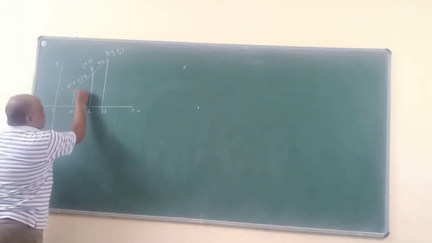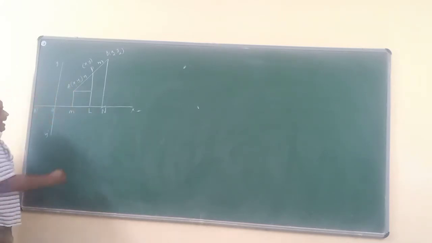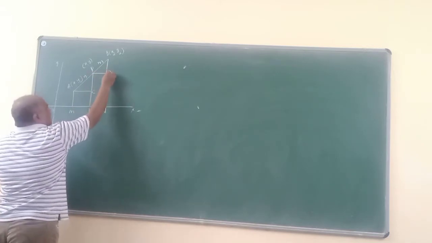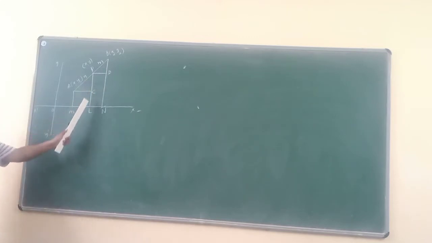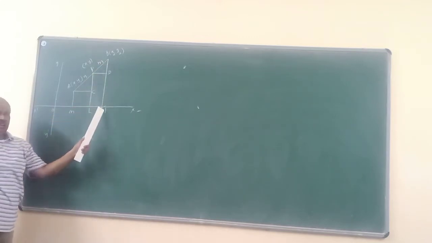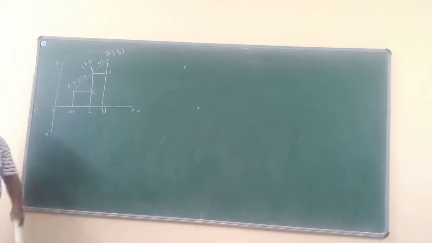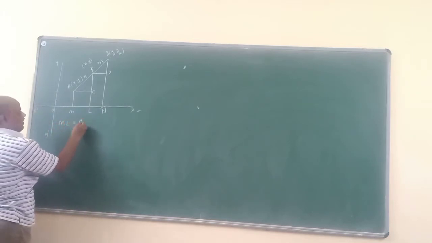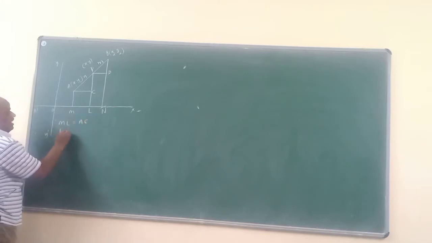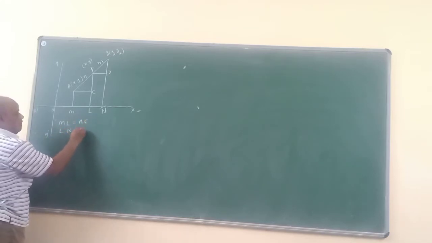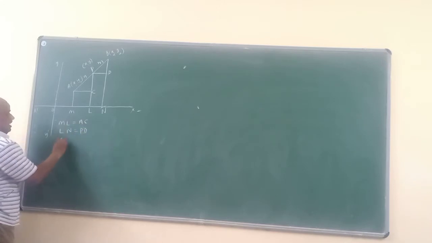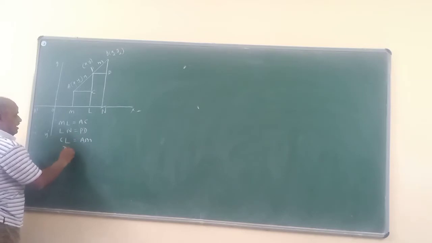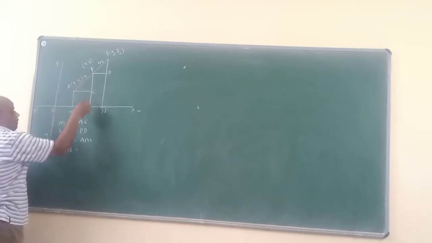Also draw AC and PD perpendicular to PL as well as BN respectively, such that MN is equal to AC, LN is equal to PD, CL is equal to AM, DN is equal to PL.